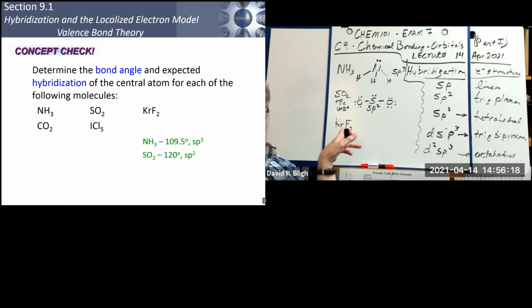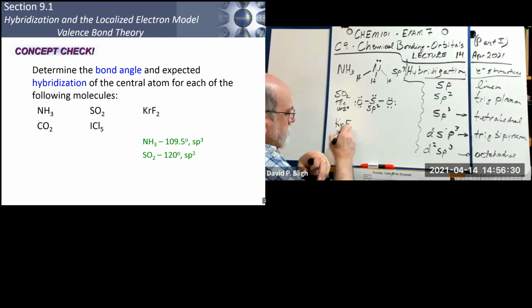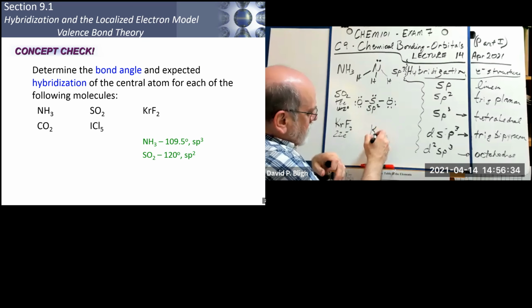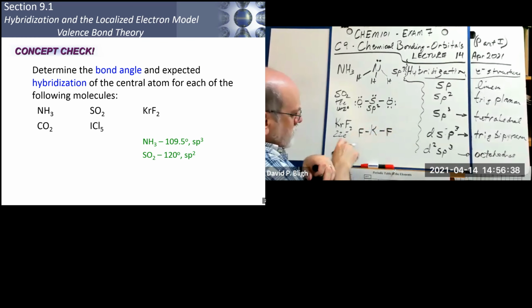Fluorine has 7 as a halogen, so it's 14, and 8 is 22, right? Yeah, 22. So we have krypton in the middle, these fluorines. So that's 4, that's 18.